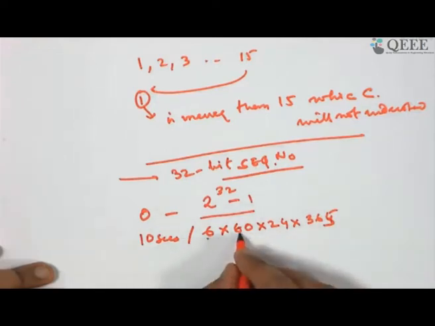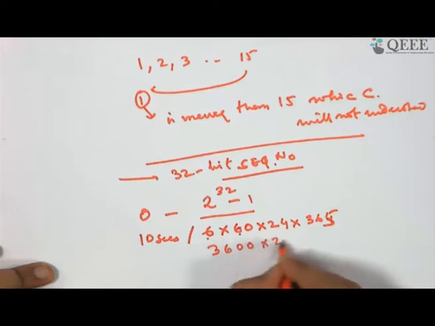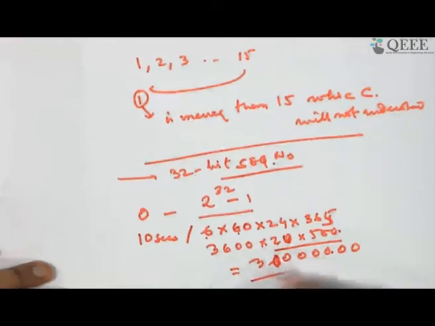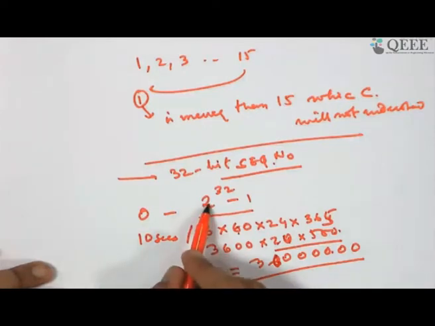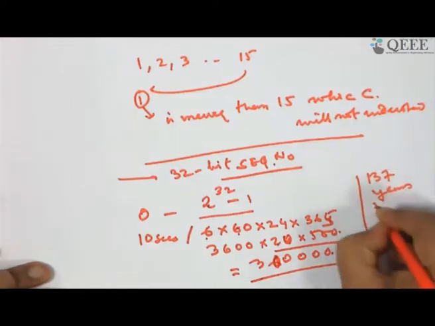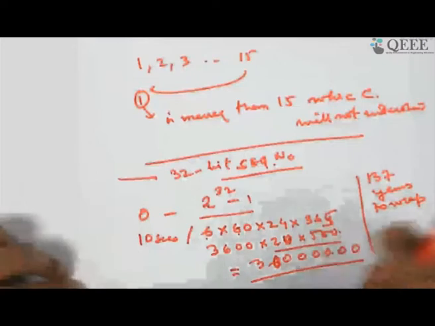You see 6 into 60 into 24 into 365, which is something around this number. It is much less than 2 to the power 32, and it will take 137 years to wrap. So we are solving that problem.